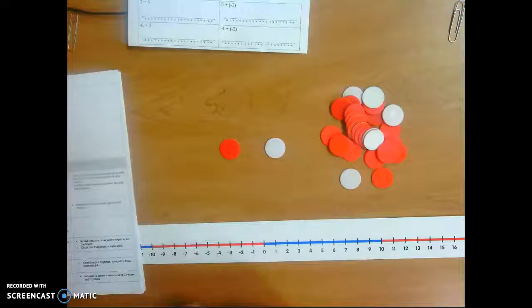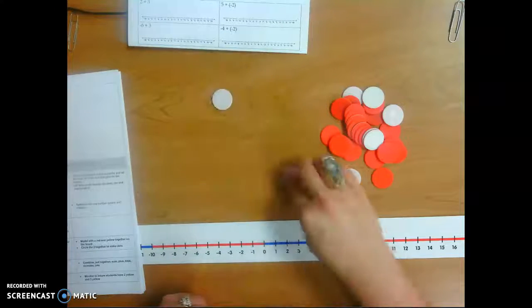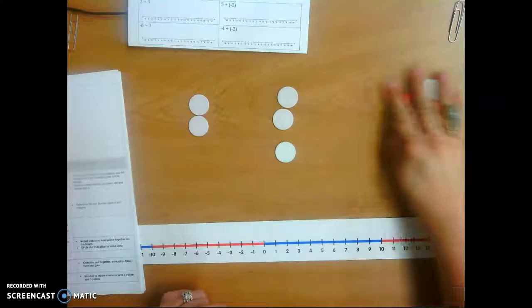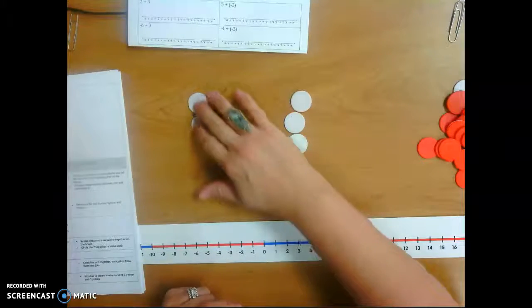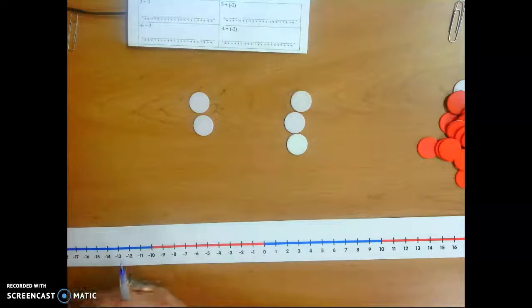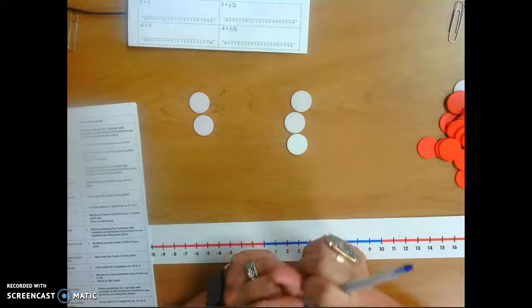So I want the students to then model in front of me 2 plus 3. So we're going to have 2 groups here and 3 groups here. We want to keep those in separate groups. Now we want to add these integers together, so we're simply going to combine the 2 groups.